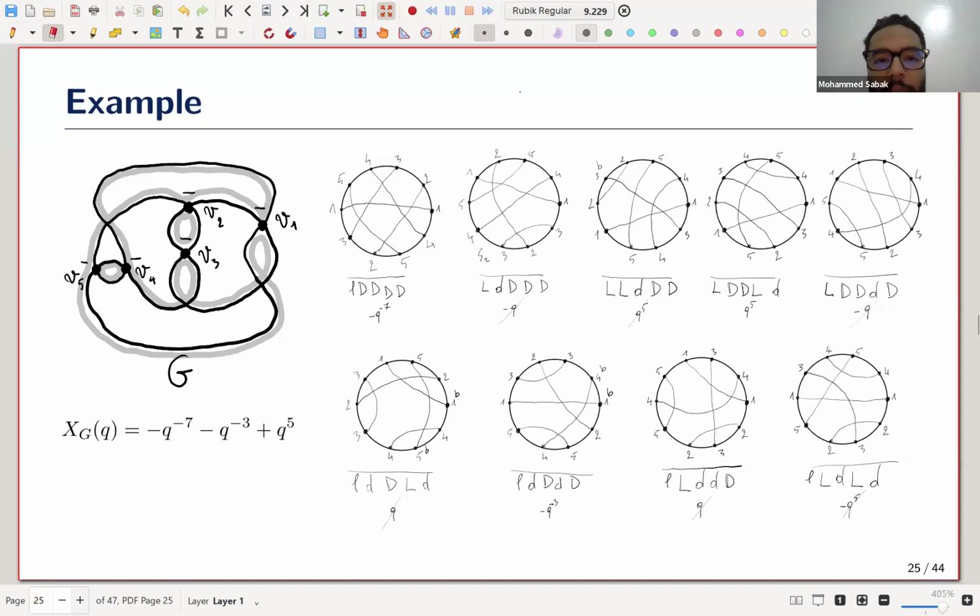So here I have an example. Here I have a checkerboard colorable graph G. It has 9 Euler circuits.